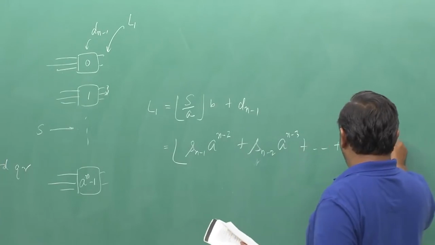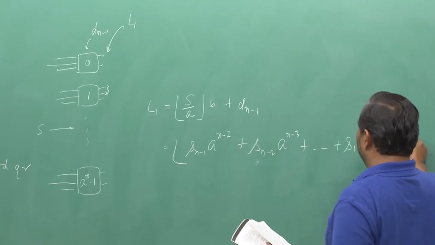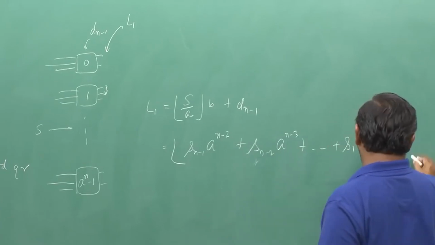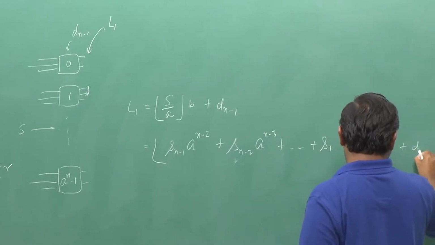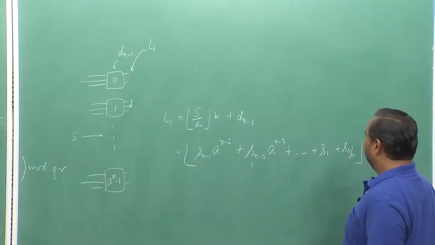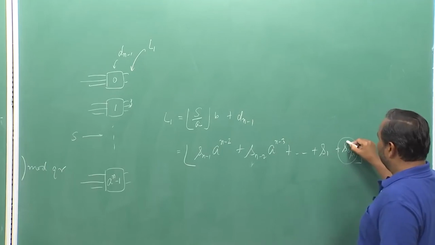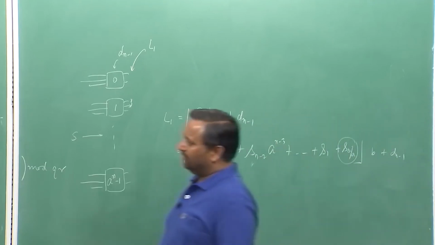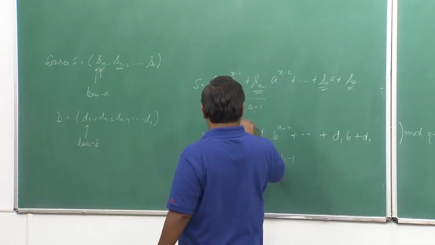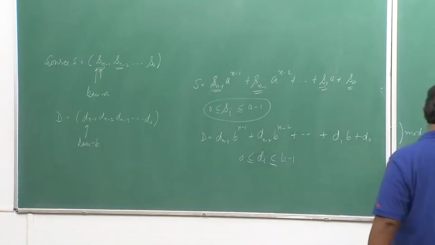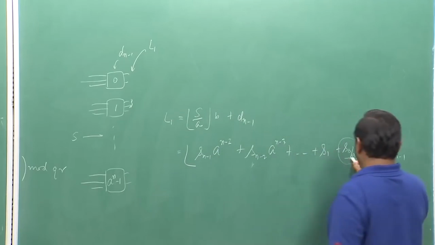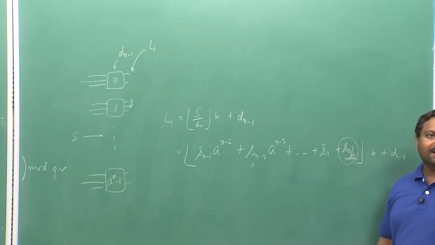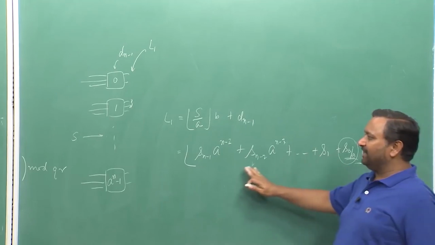So, I will also have S0 by A and I have to take the floor function of this. Now, this S0 can take a value only from 0 to A minus 1, look here, and I am dividing by A. So, this value is certainly lower than 1, it is a fraction, rest everything will be integer, complete integer.